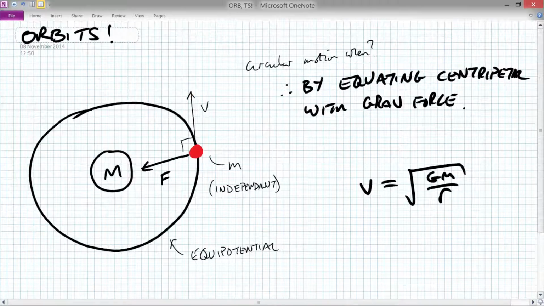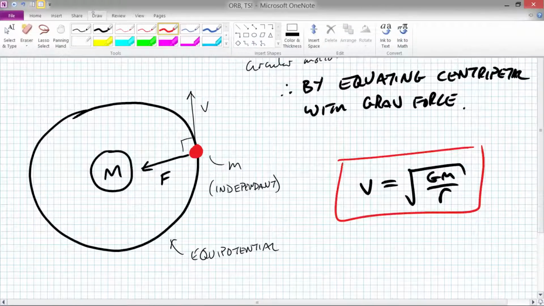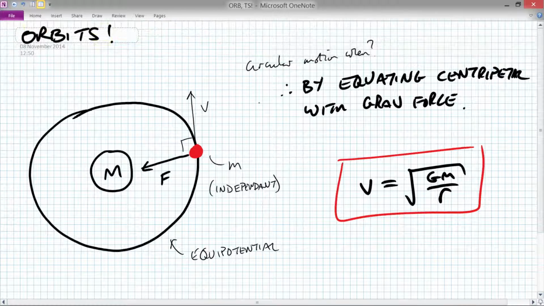So this is just equal to the linear velocity experienced by my mass here. And if you're keen-eyed, you might spot that actually this is the square root of my big V, so it's the square root of minus my potential.